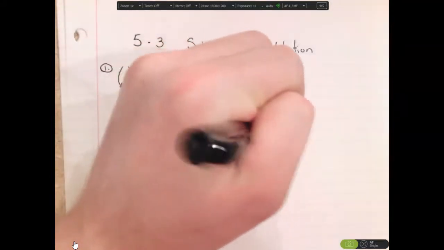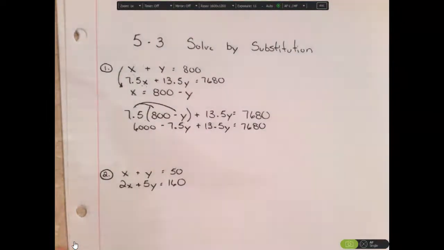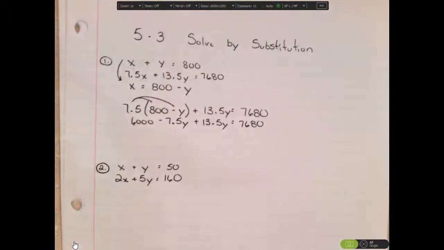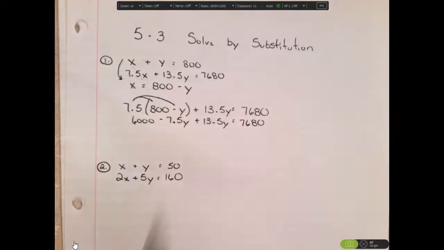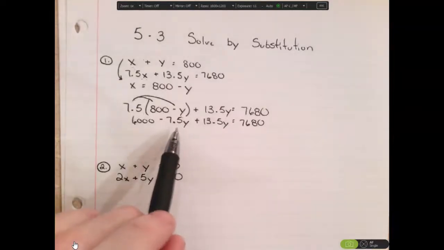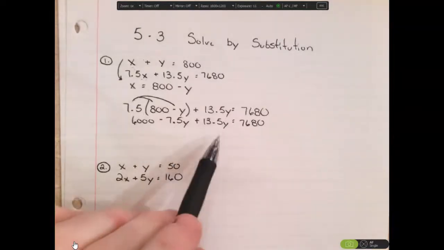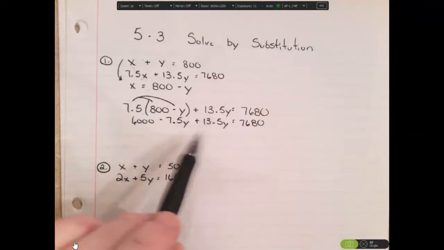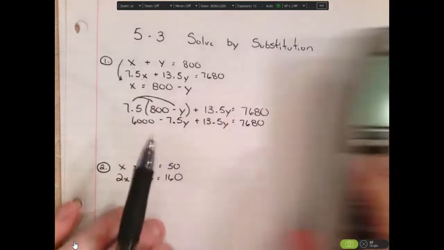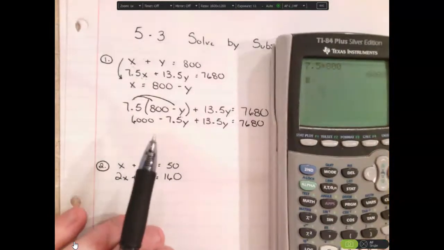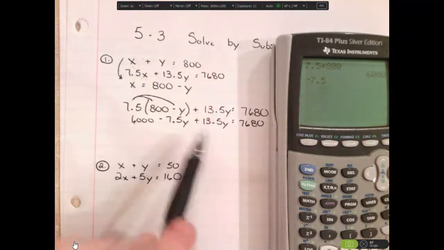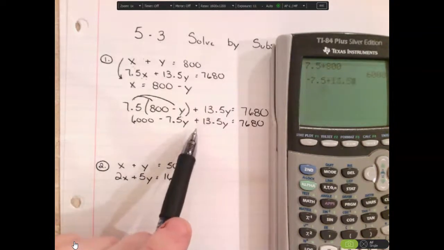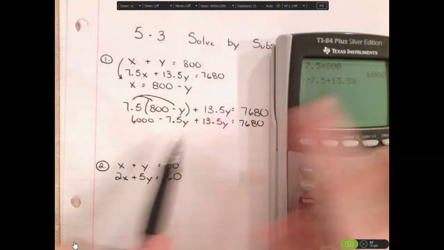When we get to this step here, every one of you in class, I'm confident, should know what to do. I need to combine like terms. Notice my negative 7.5y and my 13.5y, these two are like terms because they both have a y. So we can go back to the calculator. Negative 7.5 plus 13.5. Guys, only type in what you see.